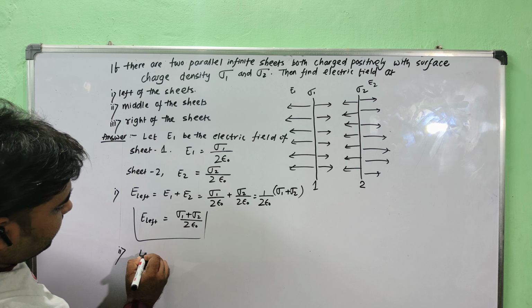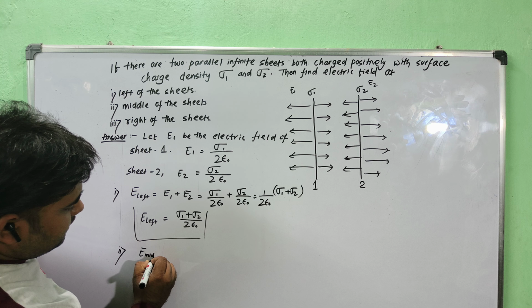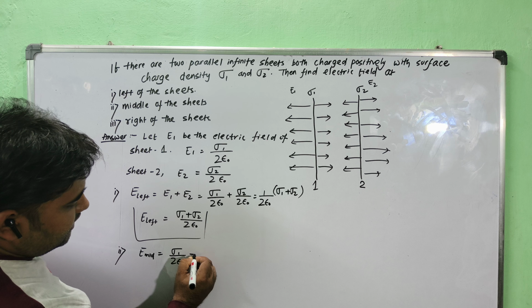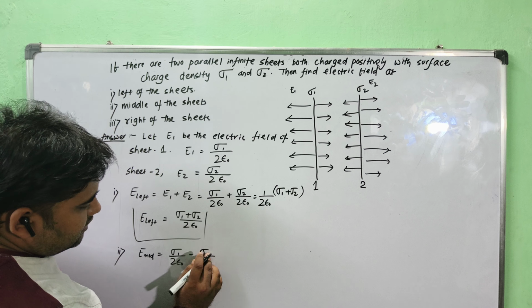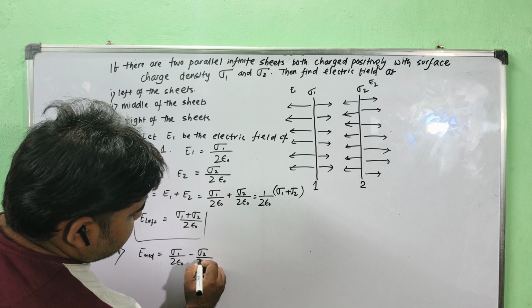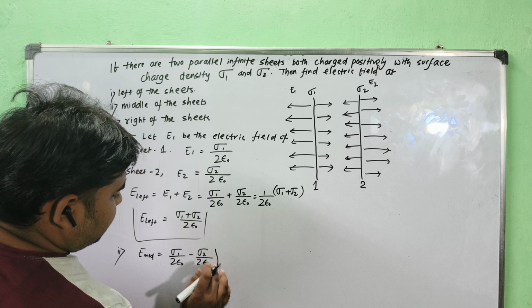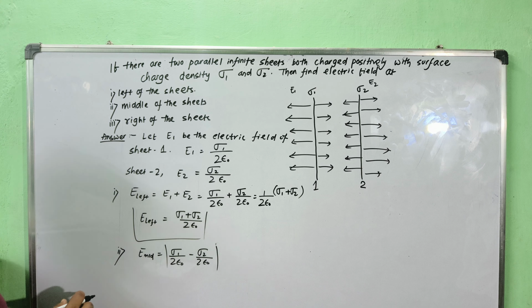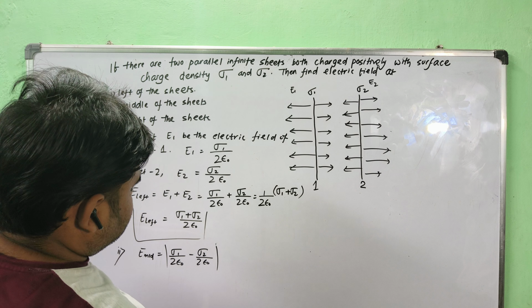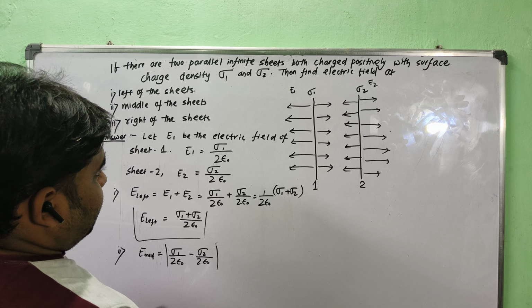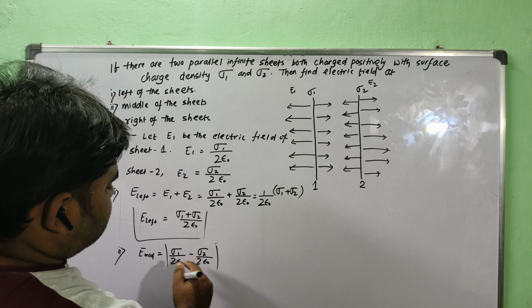So E middle is equal to sigma 1 by 2 epsilon naught minus sigma 2 by 2 epsilon naught. You can take the modulus because you don't know which one is greater and which one is smaller, and since they are opposite to each other, you have to subtract them.